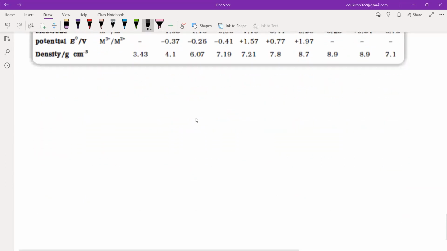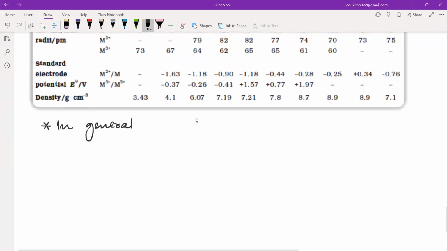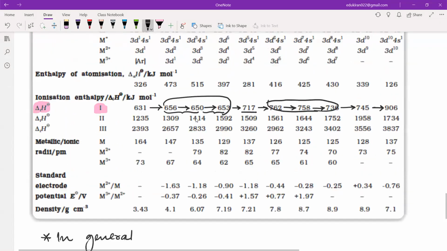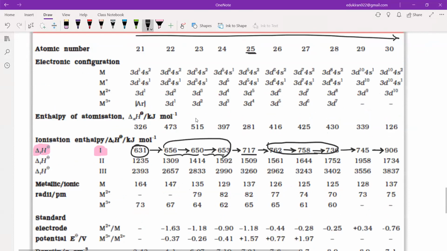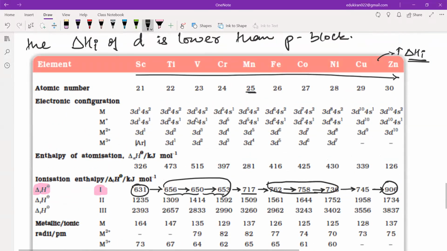The first thing that I will write here, in general. How do we predict in general? You start here, you look at scandium, and then you look at zinc. You see that there is an increase like this.